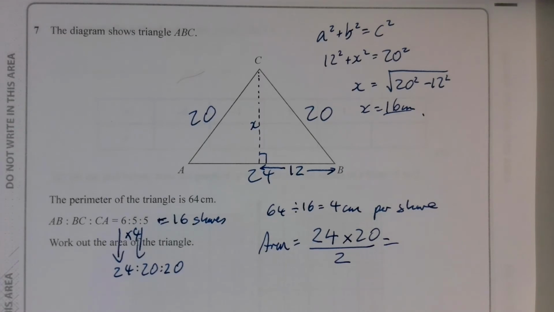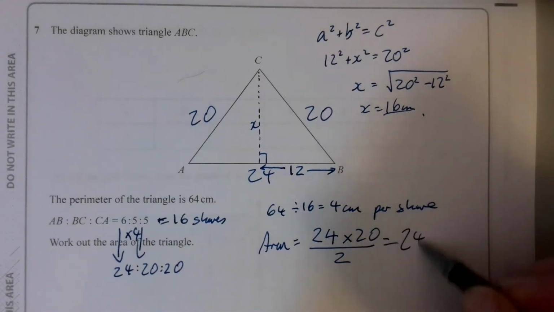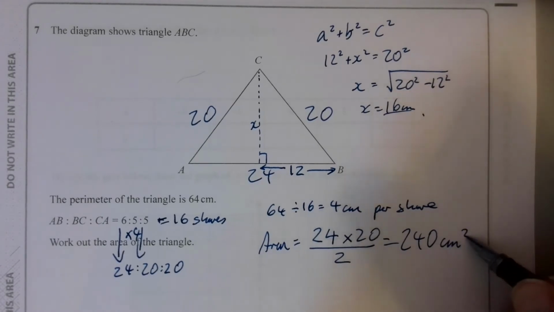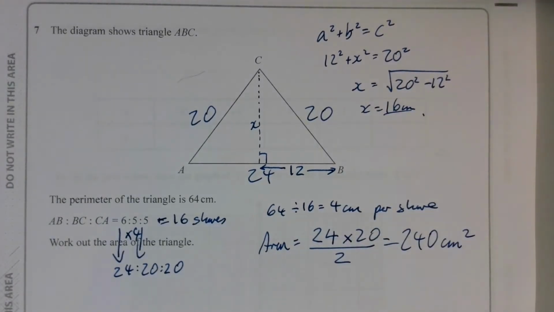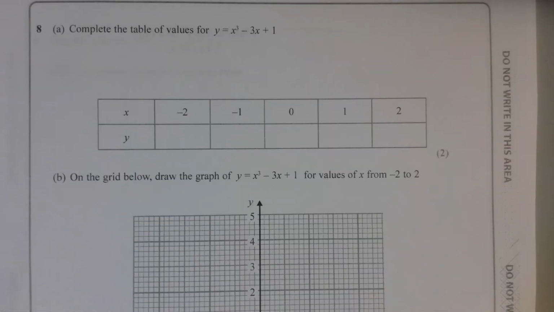Pop that in your calculator and you get 240 centimeters squared. There isn't a mark for the units here, because if you look at the bottom where you've got the dotted line, it has got centimeters squared written at the end there for you already. I'm sorry if this is going a bit fast, but I'm trying to get through it and not waste your time. If you need to hear it again, just rewind it and do that.